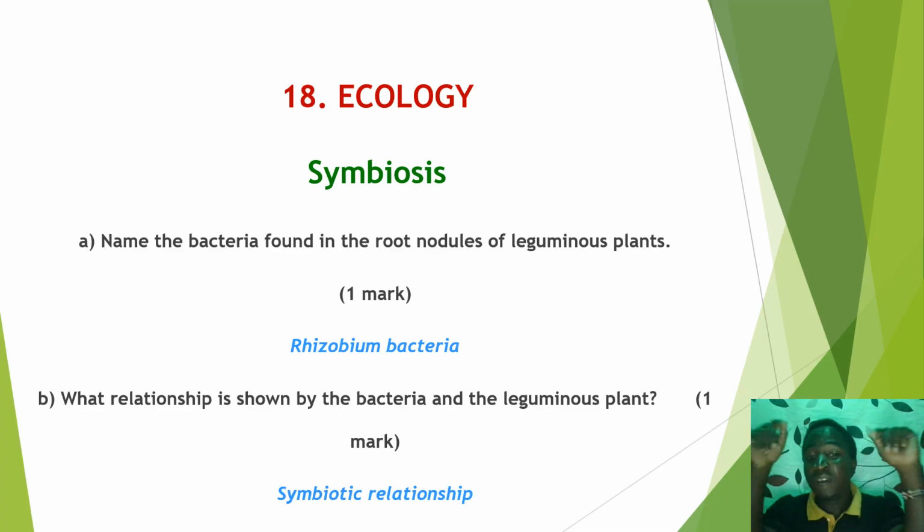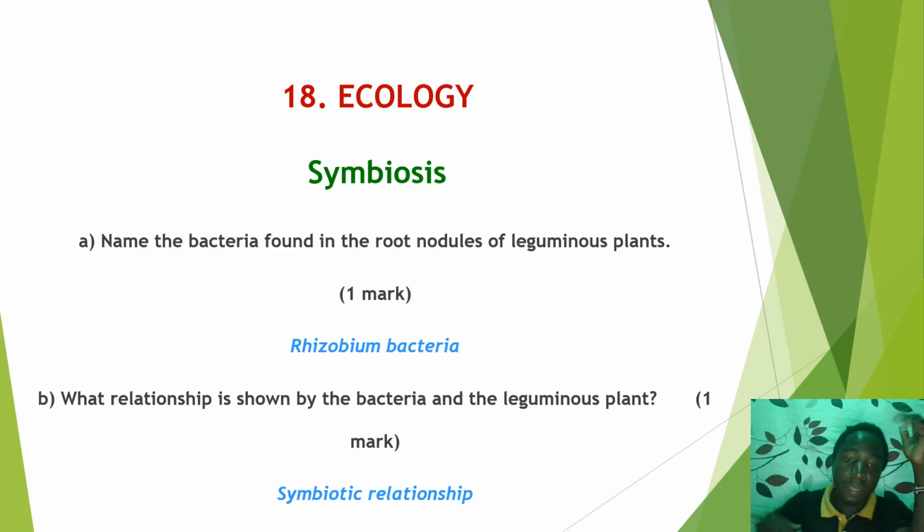So don't give your answer as nitrogen fixing bacteria. Even others go to an extent of just abbreviating as NFB, nitrogen fixing bacteria. No, that specific bacteria is known as rhizobium bacteria. What relationship is shown by the bacteria and the leguminous plant? That is basically a symbiotic type of relationship, or you can just say symbiosis.